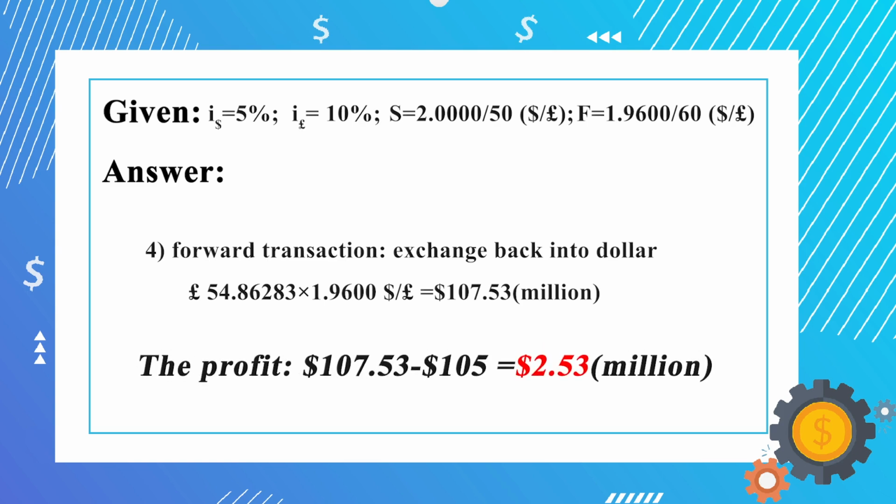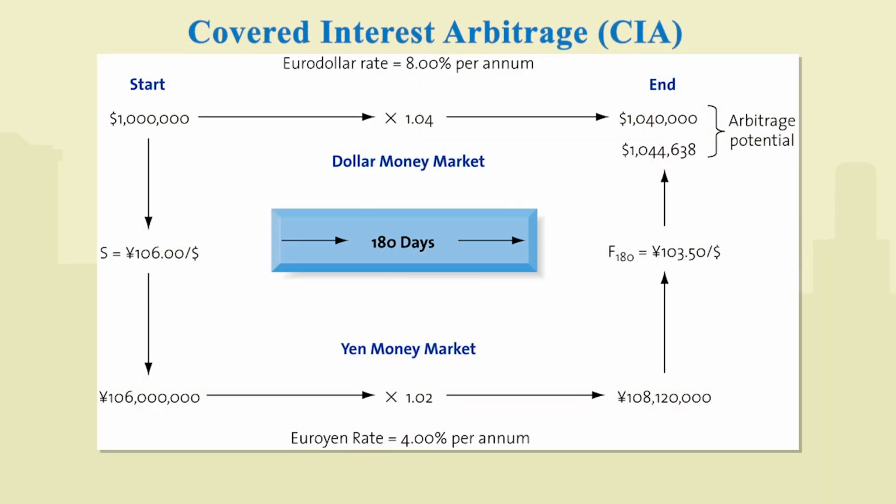The profit should be $107.53 minus $105 equals $2.53 million.